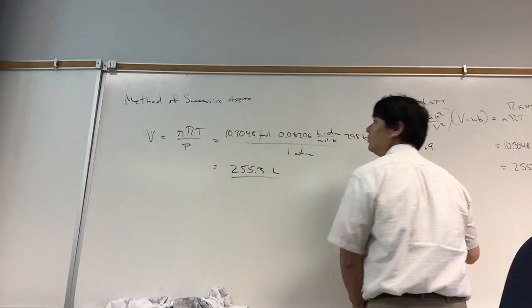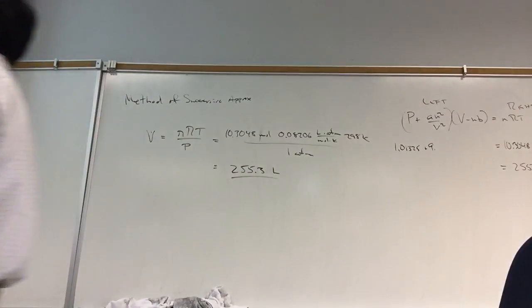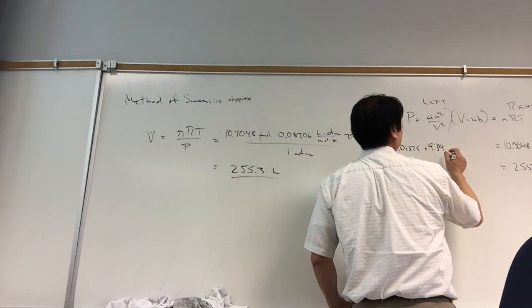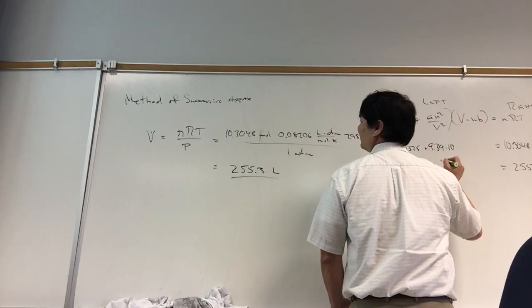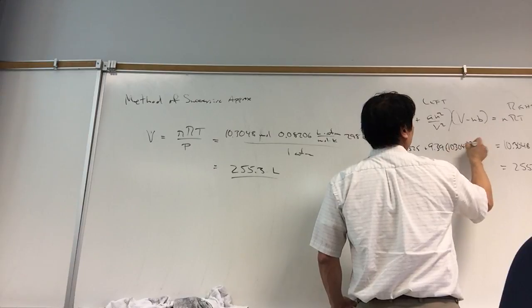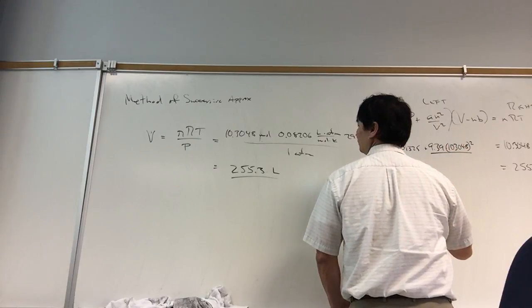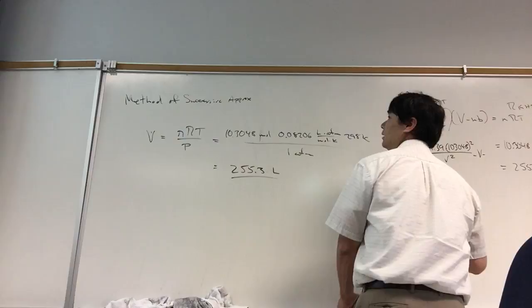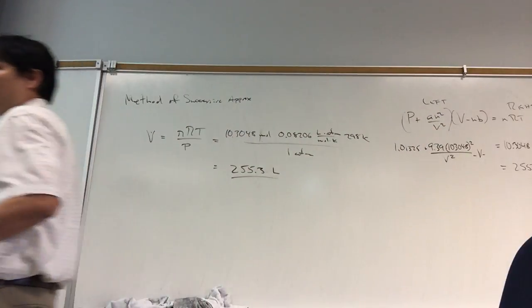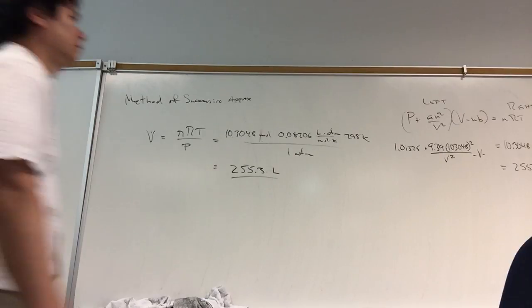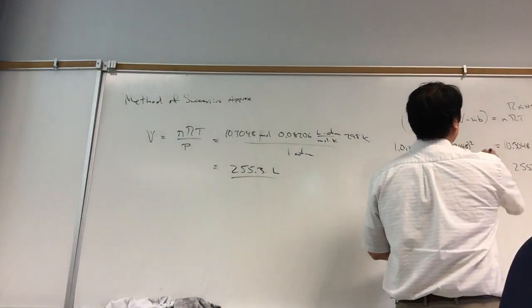And so A was 9.39. n is 10.3048 moles, squared. V, the volume, is what we're solving for, V squared, times V minus nB. n, again, is 10.3048, and then 0.905 is B. And so let me write it down here.